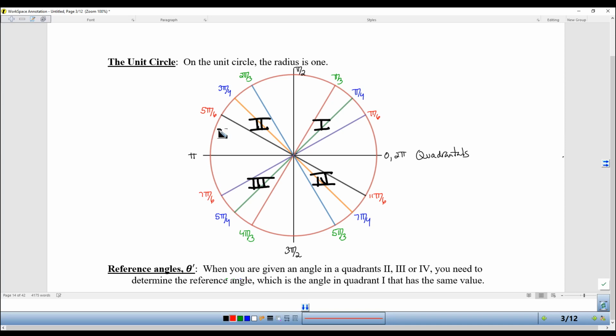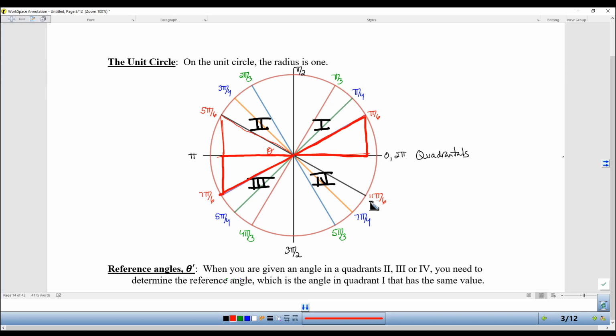So if you're looking at 5 pi 6, 5 pi 6 is exactly the same triangle that is created by pi 6. Or if I gave you 7 pi 6, then this triangle has all the same ratios as pi 6.